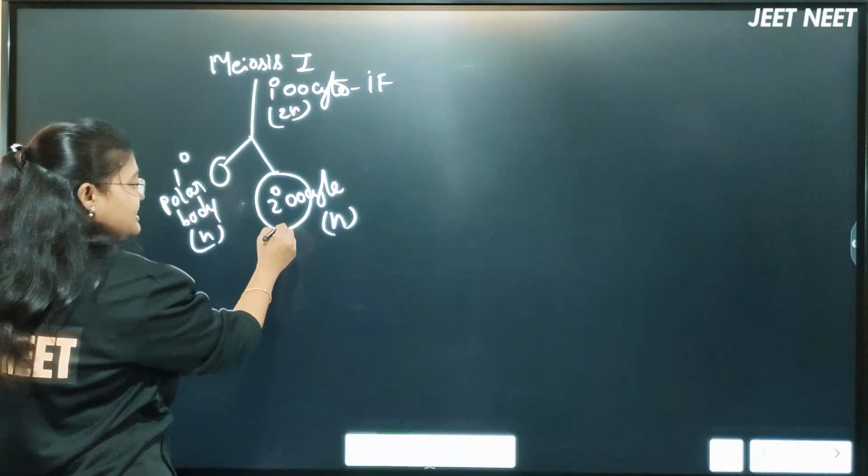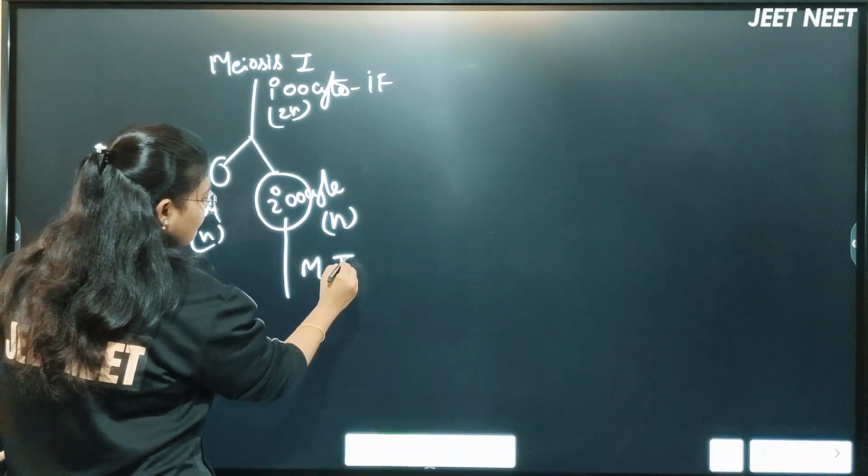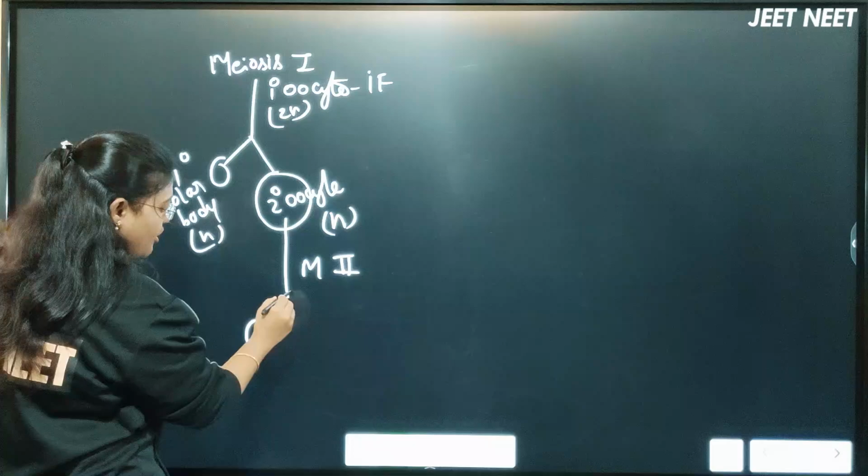Next, if this secondary oocyte undergoes meiosis 2, how many cells will it form, beta?